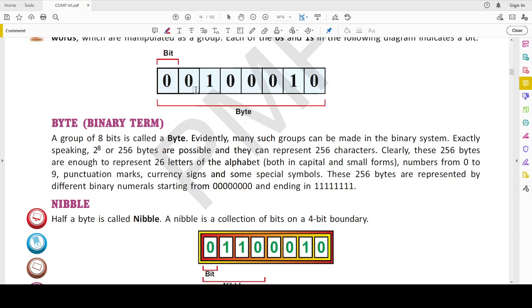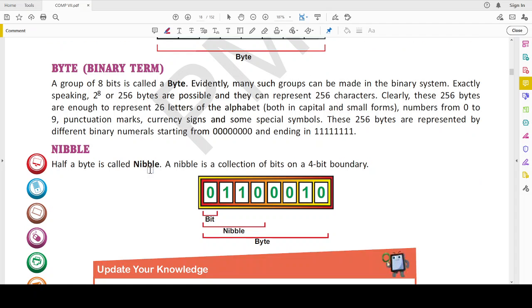So 256 different such patterns can be made with a byte, which are sufficient to represent all the letters, both in capital and small, the special symbols, the currency, punctuation marks, etc. Okay, so that is about a byte.